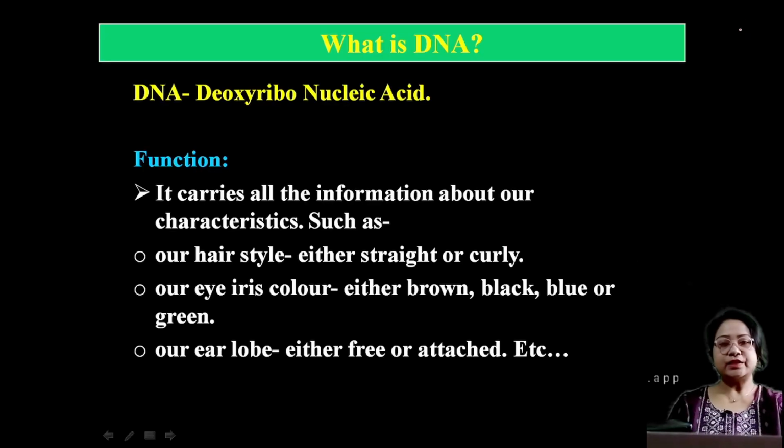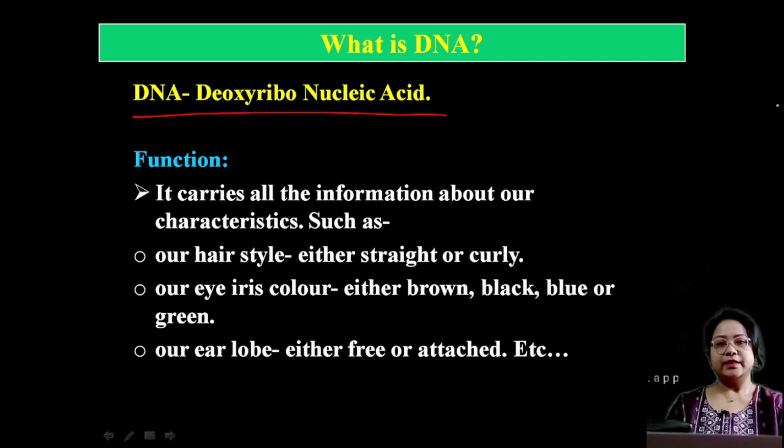Now next is, what is DNA? So DNA, as I already told, is deoxyribonucleic acid. So what do you mean by RNA? RNA will be only ribonucleic acid. Okay, you cut down the deoxy from here and it is only ribonucleic acid.